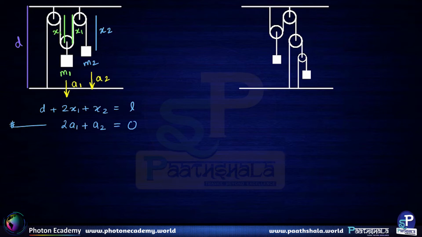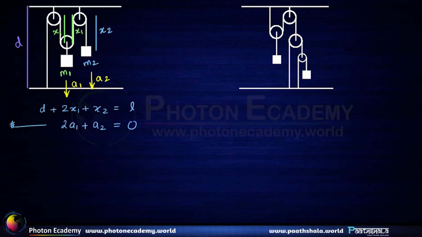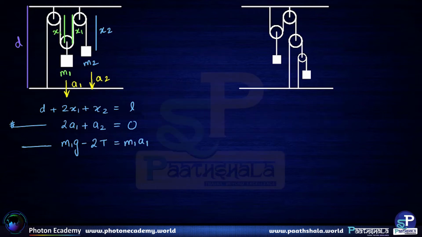Next, we can write down the equation for m1. On the mass m1, 2 times tension acts in the upward direction. So for the mass m1, I can write m1g minus 2t is equal to m1a1. This is the equation for mass m1.